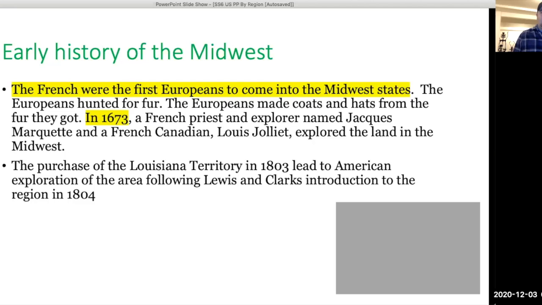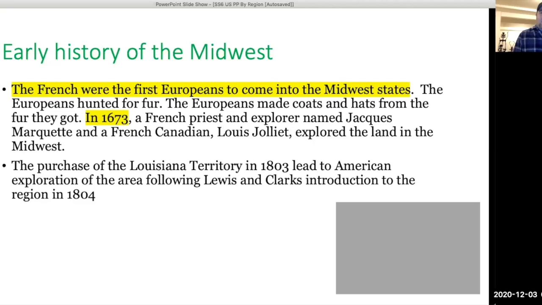All right, early history of the Midwest. The French were the first Europeans to come into the Midwest states. The Europeans hunted for fur. They made coats and hats from the fur that they got.